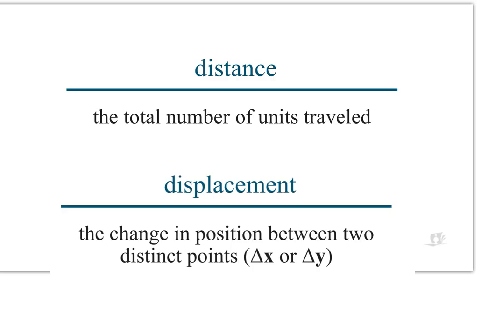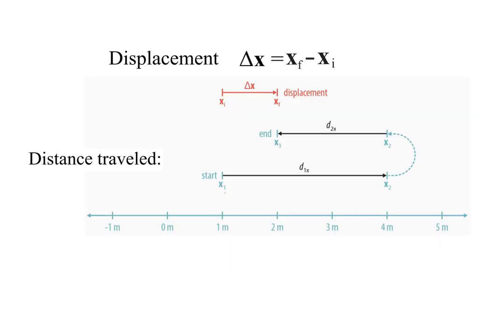Distance is not going to have a direction. And so when you think about distance in a number line, we would say something like absolute value because we're really just looking at how far we have gone, not necessarily a direction. But displacement is going to specifically want to know the final placement subtracting the starting placement.